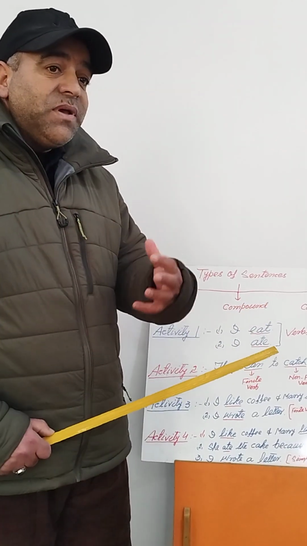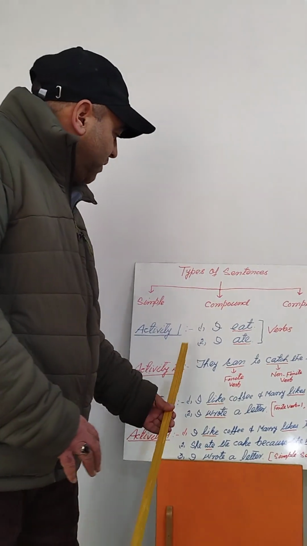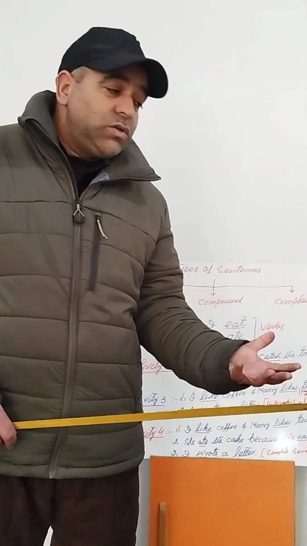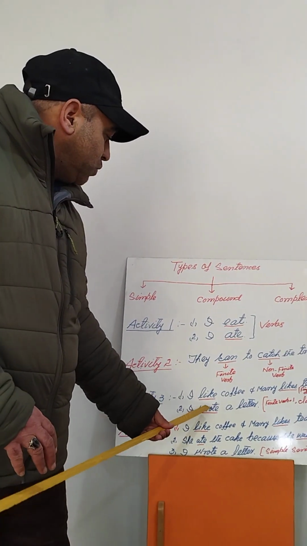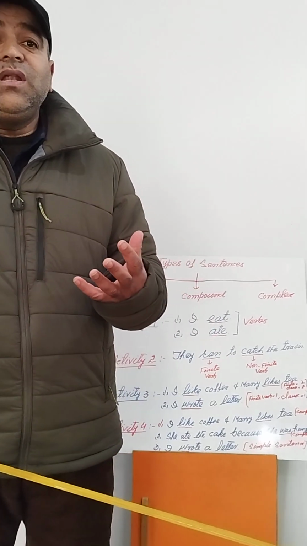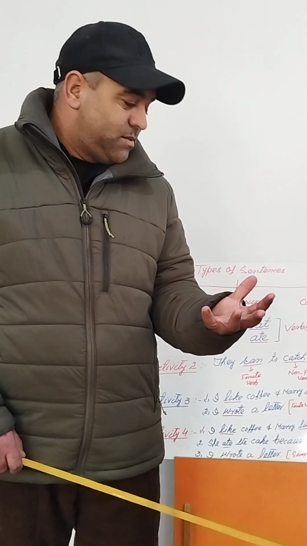That means if in the first sentence we have 2 finite verbs, there are 2 clauses. In sentence 2 we have 1 finite verb, that means there is only one clause in that sentence.